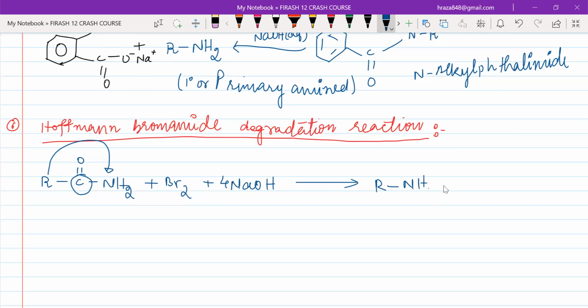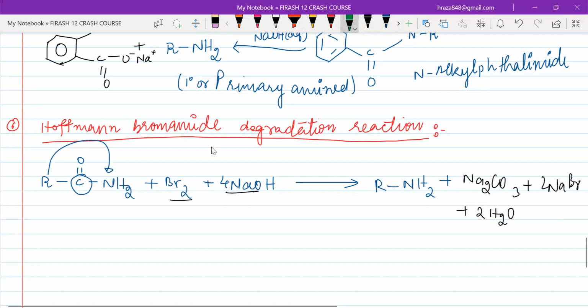So it will be like this, and you can see this NaOH, Br2 and C double bond O combine together to form Na2CO3, along with 2 NaBr, and there will be formation of water as well. So always keep it in mind that there will be degradation in carbon. The number of carbons present in the product will be lesser by 1 as compared to the number of carbons in the reactant. Are you getting my point?